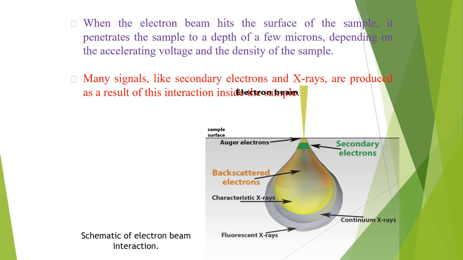So there is a schematic diagram of electron beam interaction with the sample in which Auger electrons, secondary electrons and backscattered electrons are located, and the characteristic X-rays are also shown, and continuum X-rays and fluorescent X-rays can also be seen in this diagram.